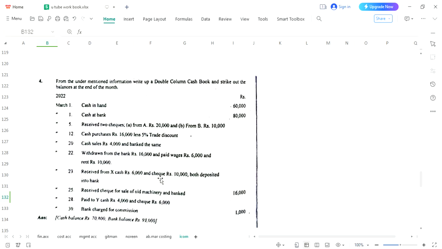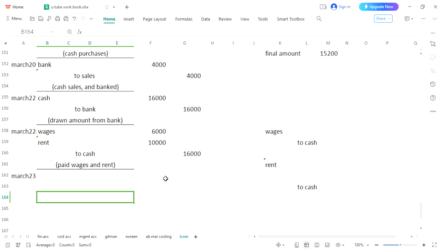Received cash and check both deposited. Cash and check received and deposited. Okay, so narration is a little larger. Let's adjust it.